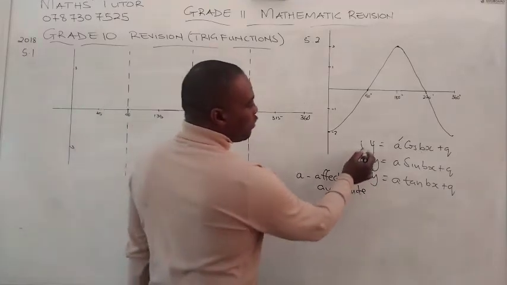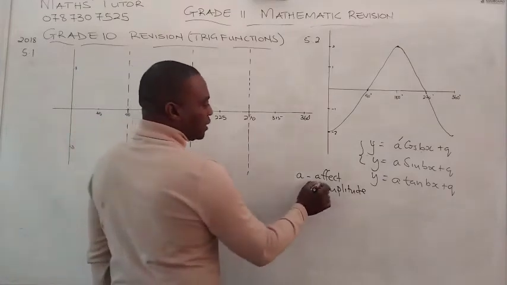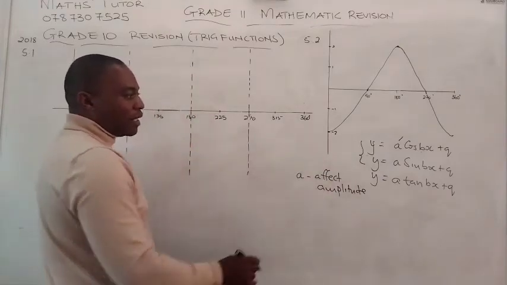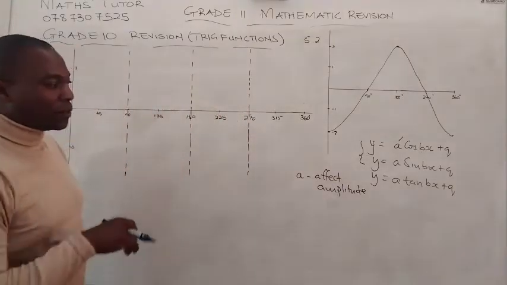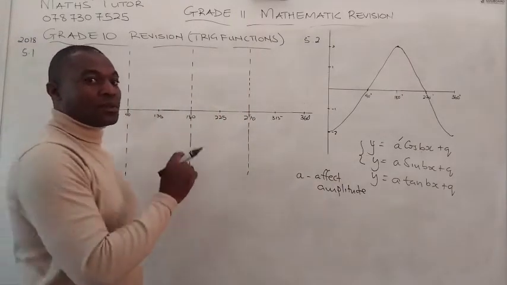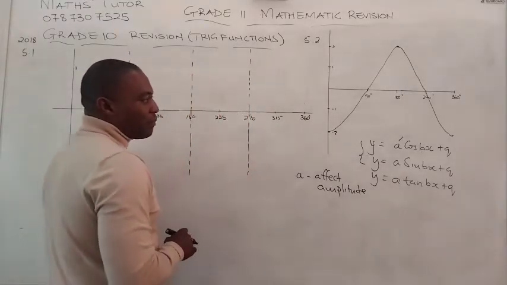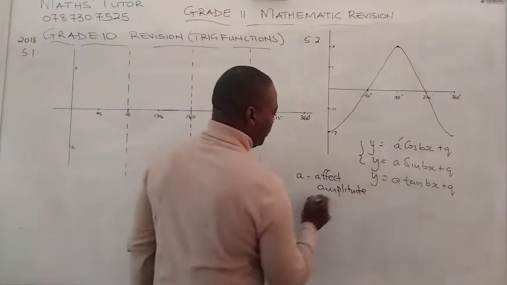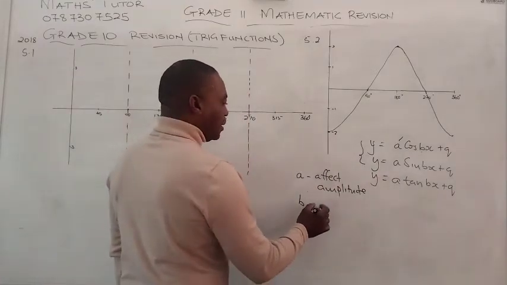That is on the graph of y is equal to cos and y is equal to sine. But the graph of tan goes to negative infinity and to positive infinity, so it does not have an amplitude. And then b, on all the three, affects the period.